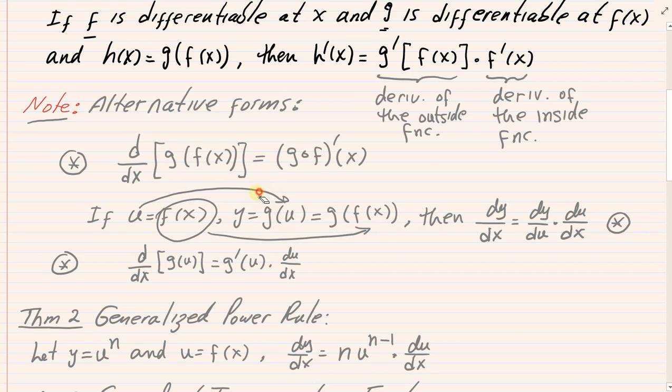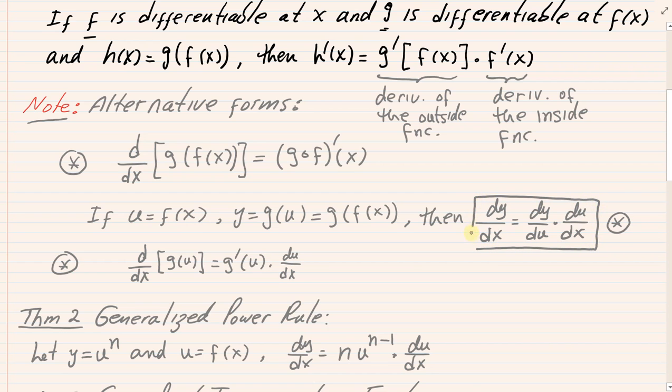Then we can write dy/dx as dy/du times du/dx. This form is going to be really handy in third semester calculus, and it extends to higher order derivatives and to more independent variables with multivariable calculus.